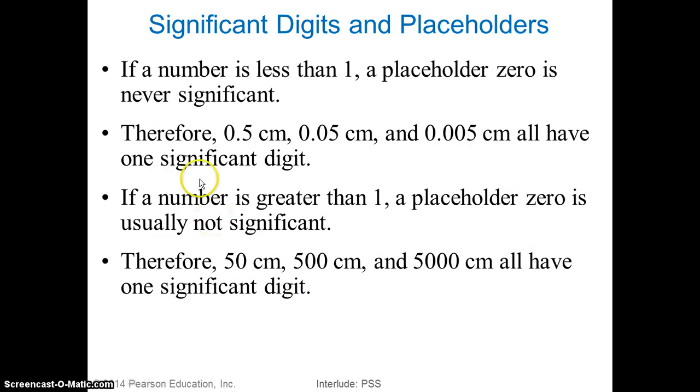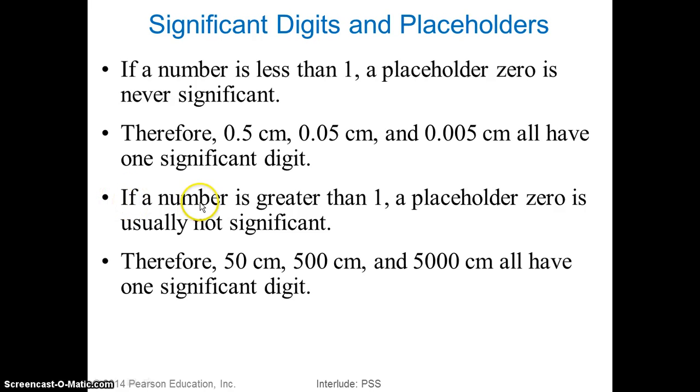So we can say that if a number is less than 1, a placeholder 0 is never significant. For example, 0.5 centimeter, 0.05 centimeter, and 0.005 centimeter all have one significant digit, which is 5. The leading zeros before do not count towards significant digits. Only the 5 in these measurements counts, just one significant digit.